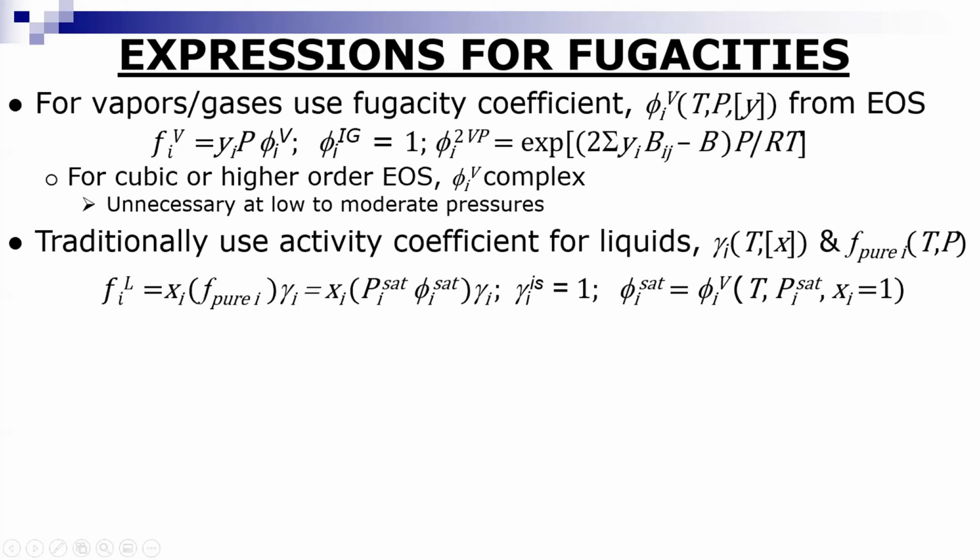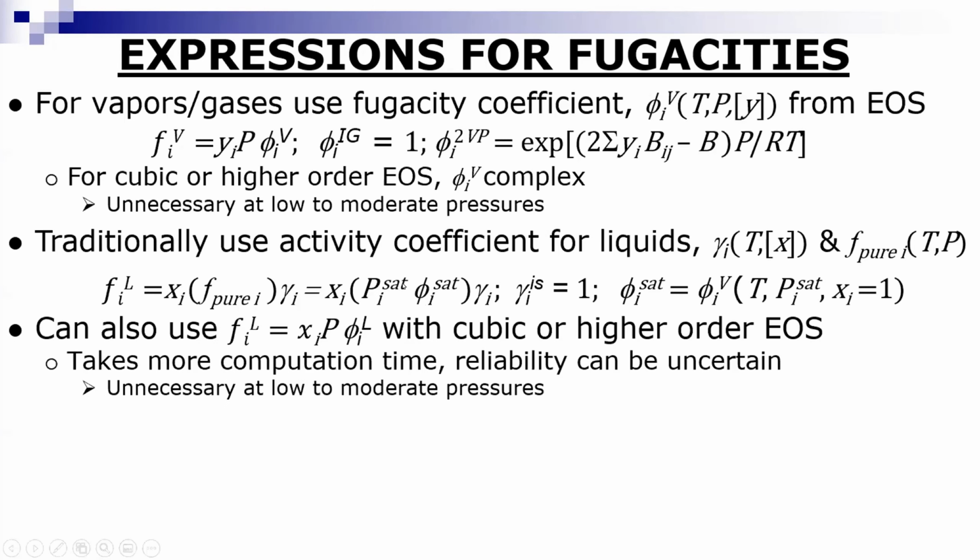And you have to do that because you want consistency when you're doing your vapor liquid equilibrium. And you can only get consistency with this particular formulation for the saturation fugacity coefficient and the vapor fugacity coefficient.